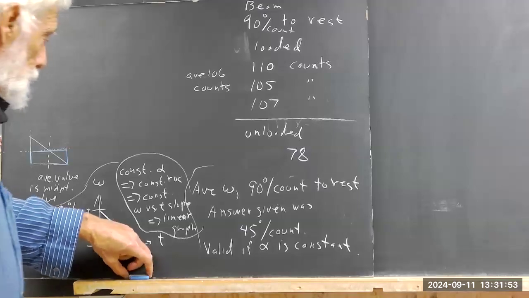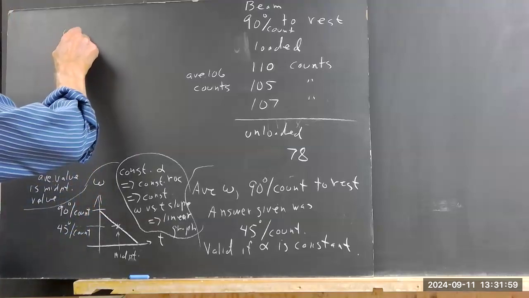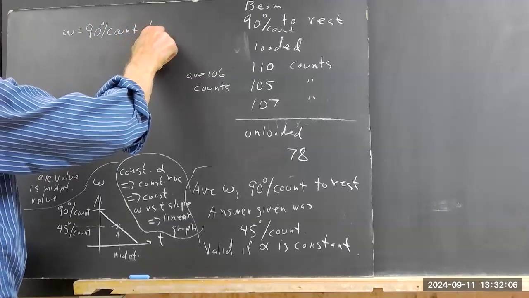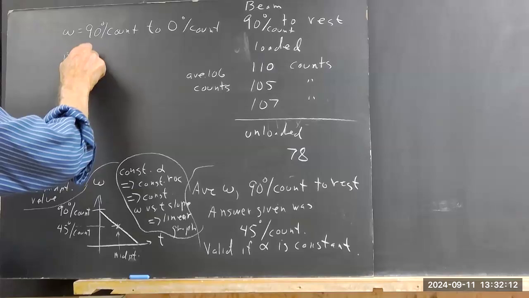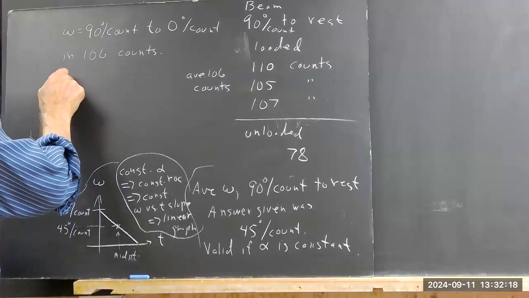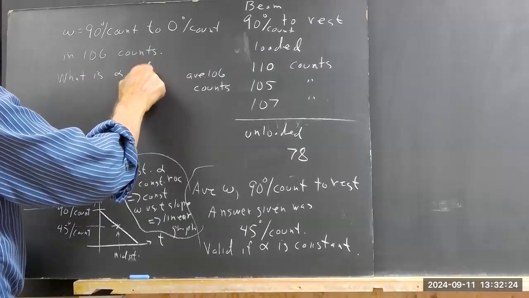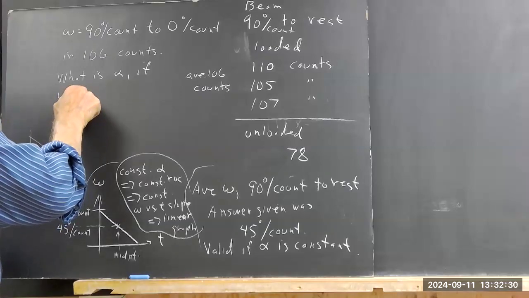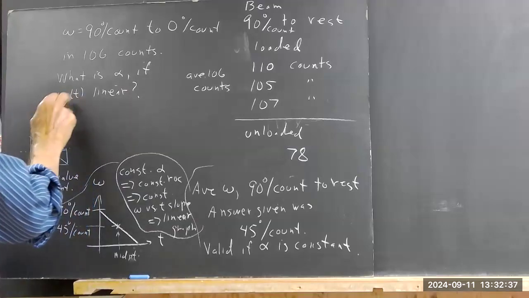Now, my question is, what is the alpha, if the omega t function is linear?